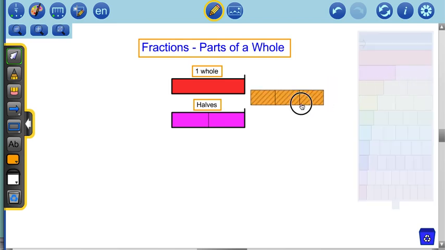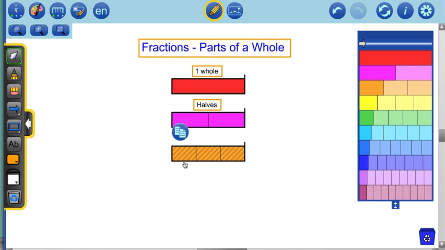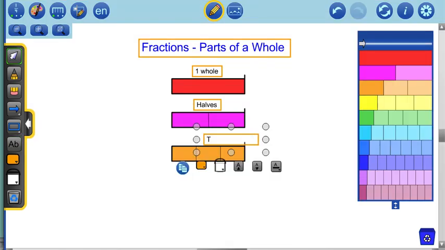Now, here's the next one. Again, look, the whole rectangles are exactly the same size. It's just that they're divided into different sized equal parts, okay? Now, if it's separated into three equal parts, it's called thirds, okay? Because it's separated into three equal parts.